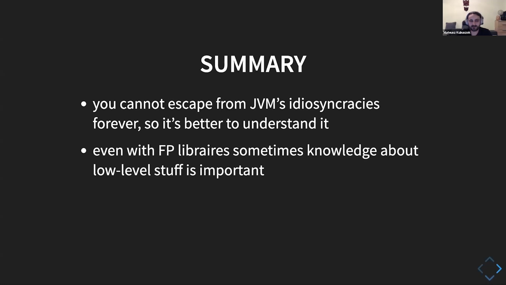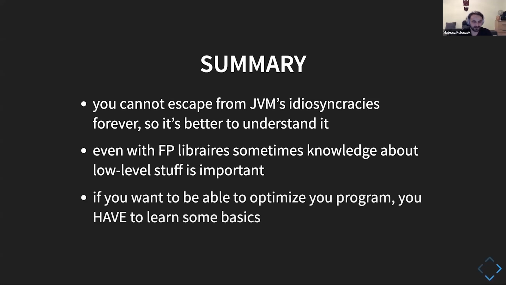Even when we are using FP libraries like Cats Effect or Monix or maybe even Akka, at some point something is going to happen that will force us to understand why they made such a design decision. A lot of smart people are trying very hard to make sure that the JVM's limitations aren't imposing anything on us, but sometimes it's unavoidable. So it's good to understand where those things come from.